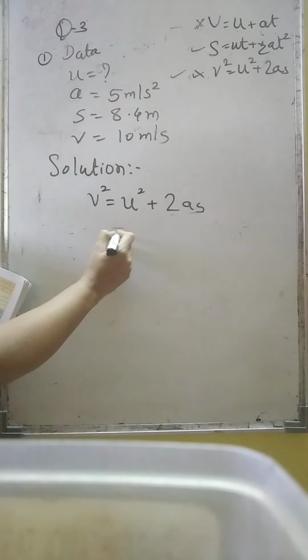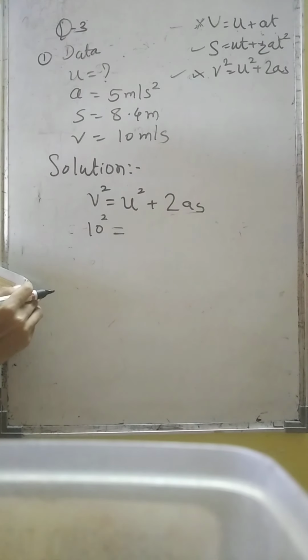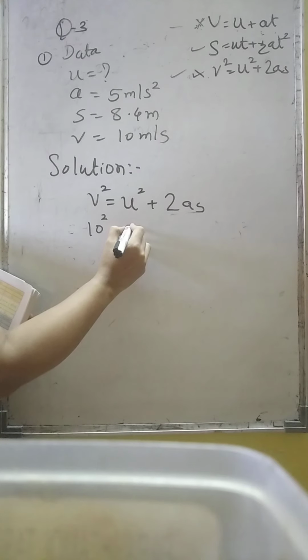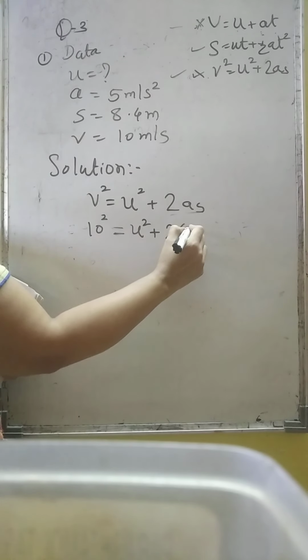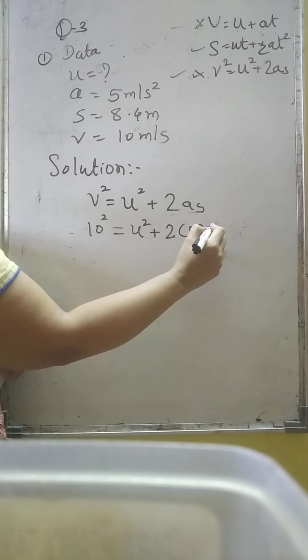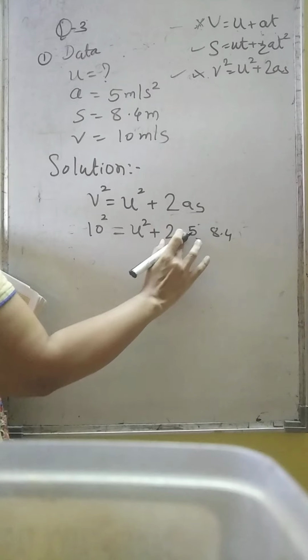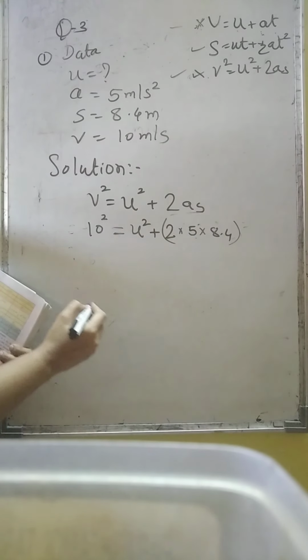So let us substitute. 10 square equals u square, which I don't know, plus 2, a is 5 and s is 8.4. Correct?